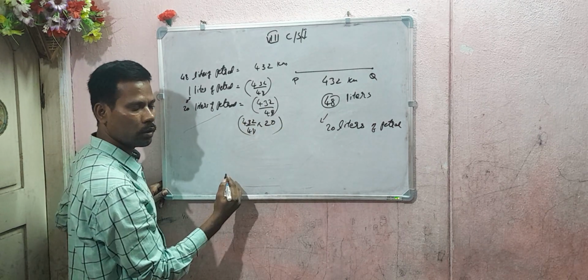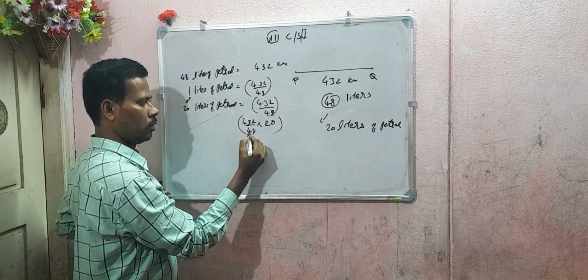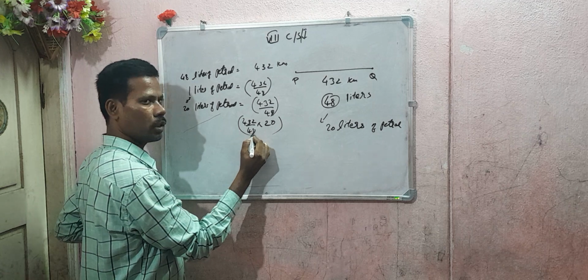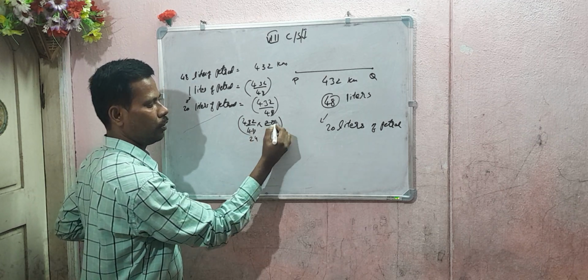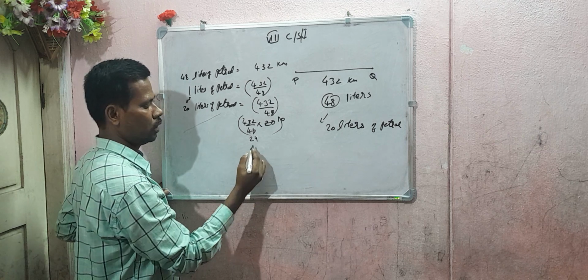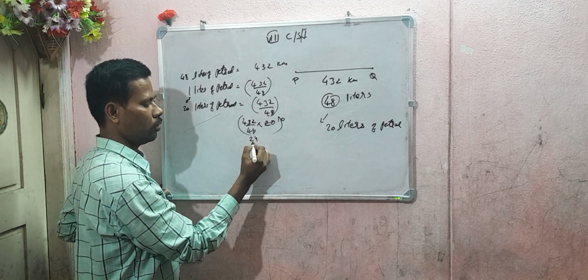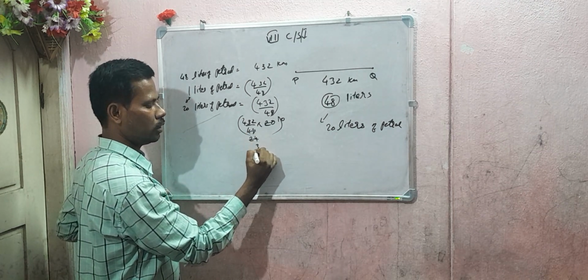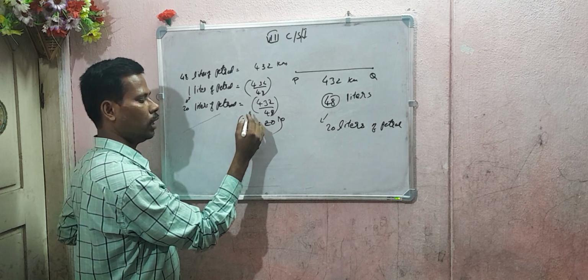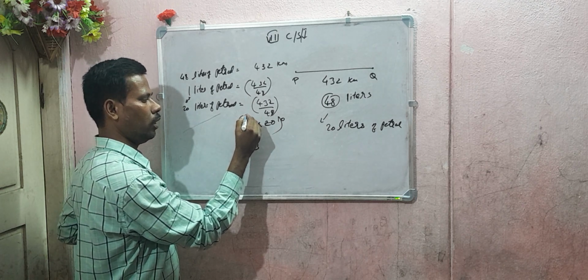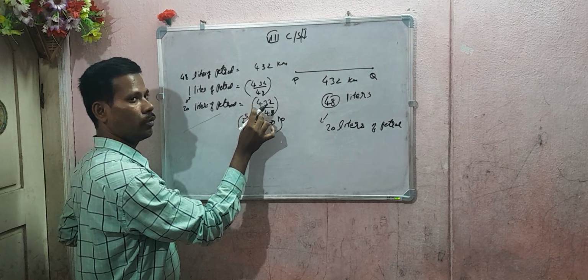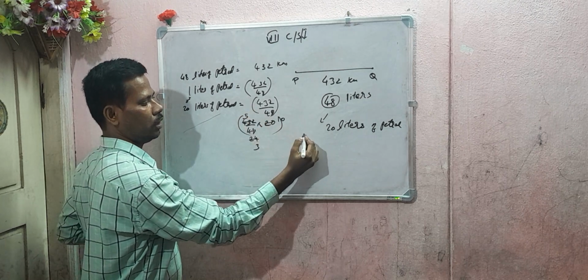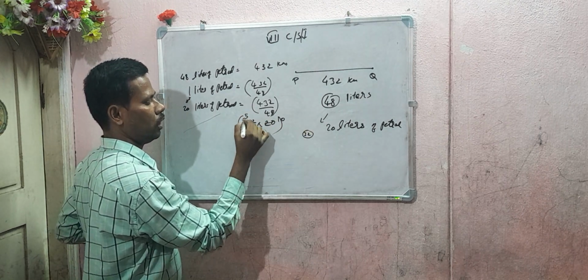So you have to do cancellations, children. Let us do the 2 table. 2 2s are 4, 2 4s are 8, like that. Simple way. 2 10s are 20. Next, 12 table or 8 table. 8 3s are 24. 8 5s are 40. 3 minus 8 is remaining 2. 8 4s are 32.